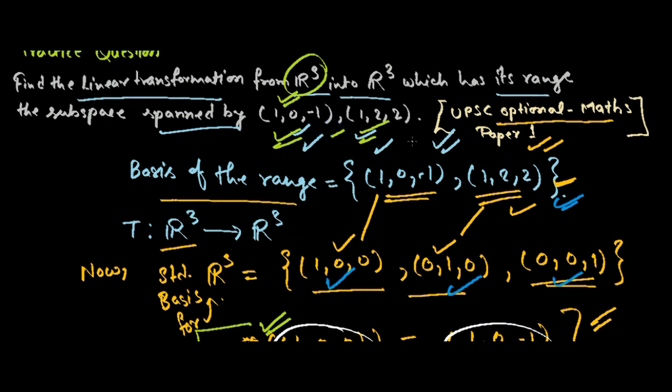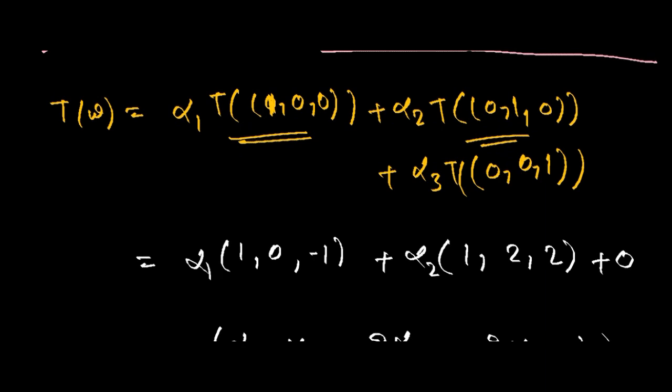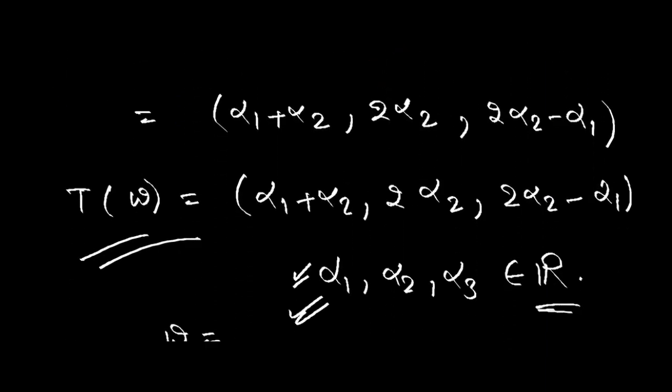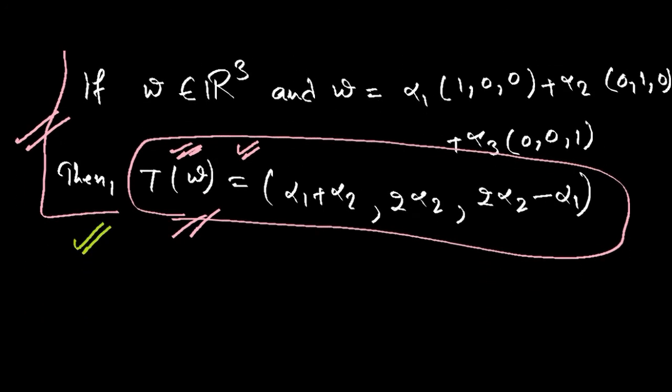And after that you need to use the definition of your linear transformation and find the transformation for the general element of the given domain vector space. That will be the linear transformation that is required. So I hope you got the understanding.